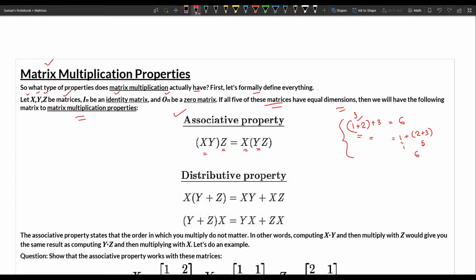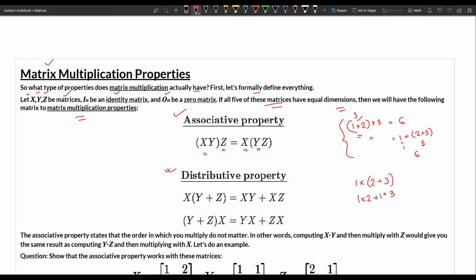Another property is known as the distributive property, that is, the property of distribution. Suppose we have 1 into 2 plus 3, then we can distribute 1 with 2 and also with 3. That is the same case here.